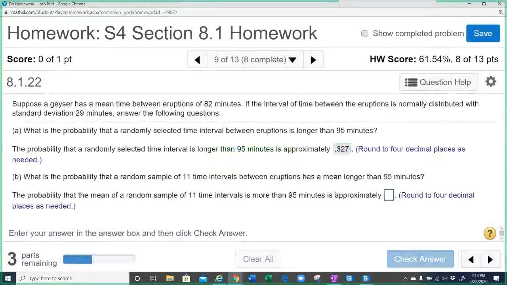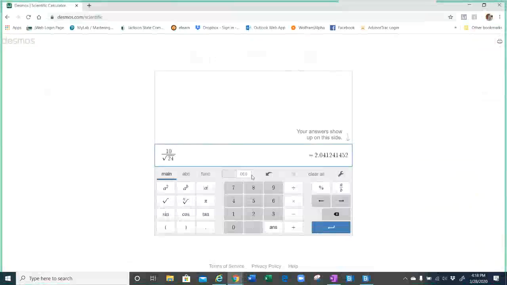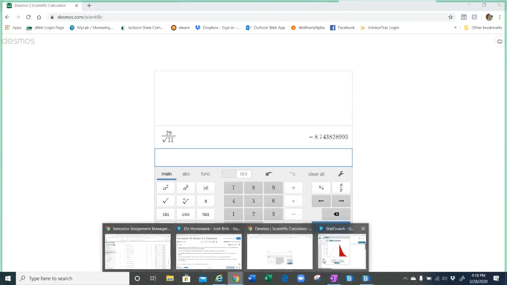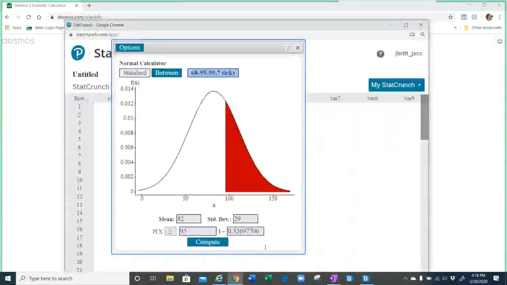Now we get a sample size, so a new standard deviation, which is 29 divided by square root 11, and that gives me 8.7438. So that's the new standard deviation.